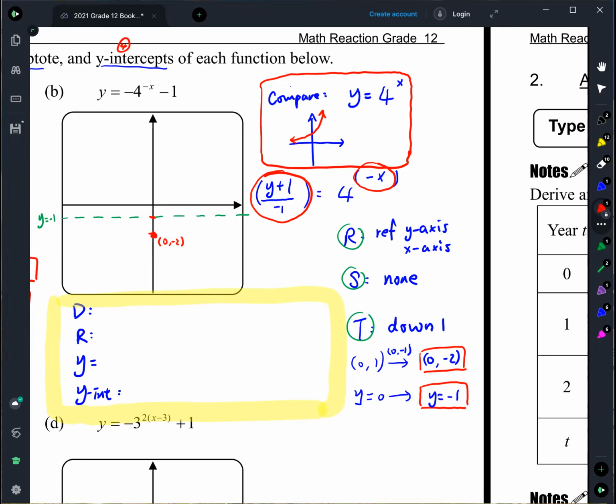No table values, just use the basic and then do flipping.